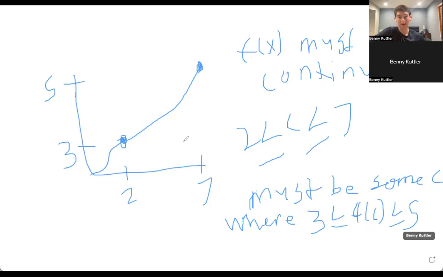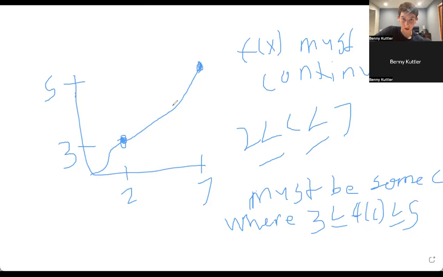So what this means is that if we have some value in here, could be any point on this line, then there has to be some value on this line that equals every single number in between 3 and 5.